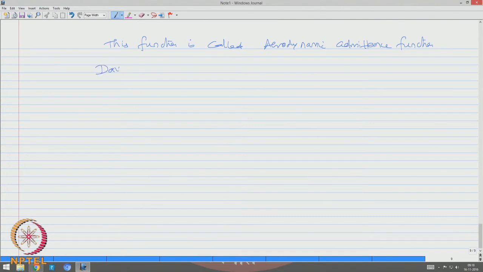Davenport in 1977 proposed an aerodynamic admittance function by an empirical equation. He says chi of the variable can be simply 1 by 1 plus 2 x to the power 4 by 3.